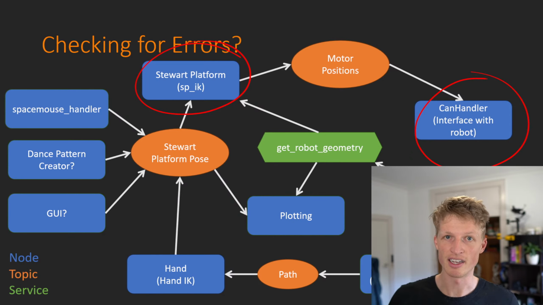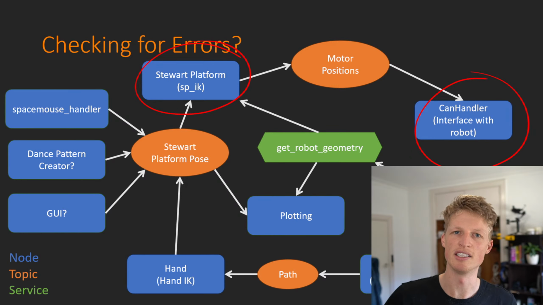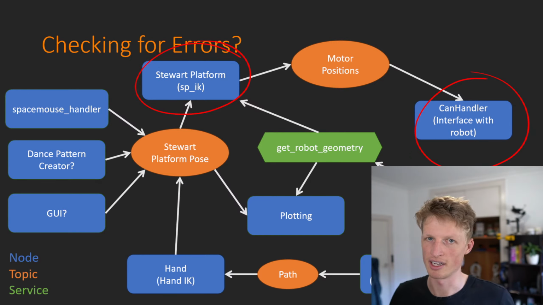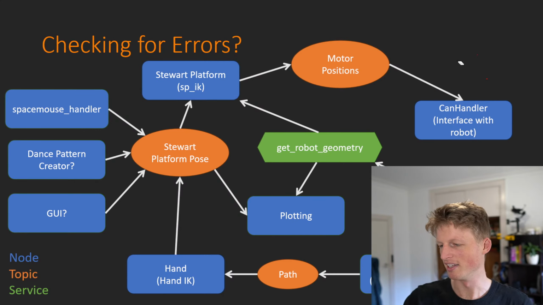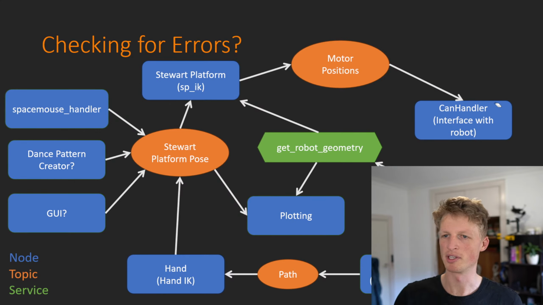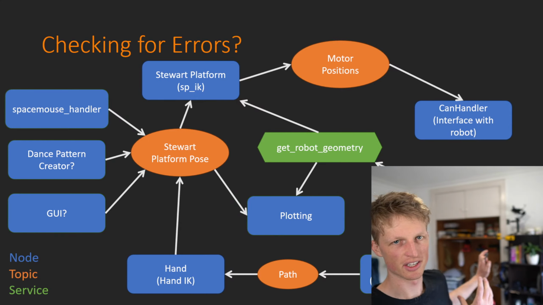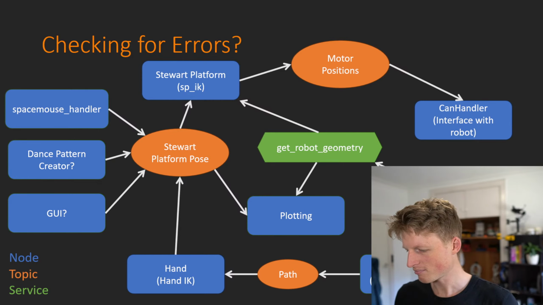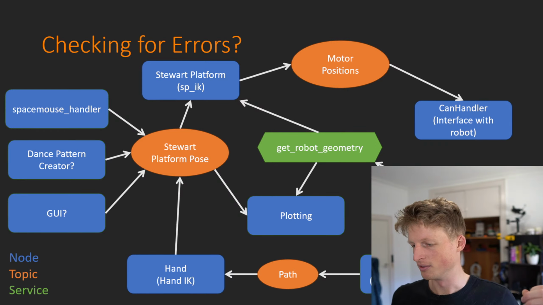So if the data coming in is greater than what it can actually do, it will truncate it and send out, this time, an error saying, hey, this data should not have gotten to this point. How did this happen? Yeah, so I've got two checks, which does mean that if I change the actuators at all, I will need to update both of those, which is not really the best, but I hope that by the time I change the hardware, my software is going to be a heck of a lot better, hopefully. We will see. So that was the first big question that I had, how to check for errors.